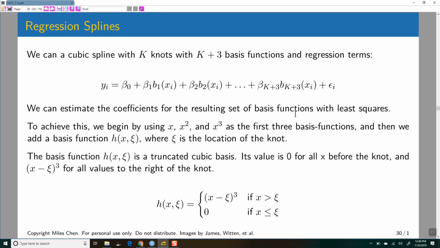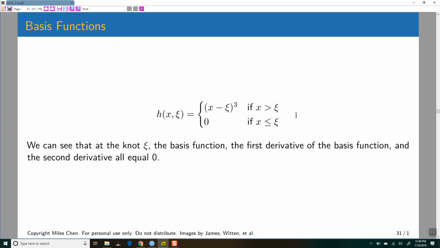Okay, so I'm not going to save that. If we look at the basis function at xi, h of x is 0 coming in from the left and 0 coming in from the right, so it's continuous. The first derivative at xi is 0 from the left and 0 from the right, so that's also continuous.